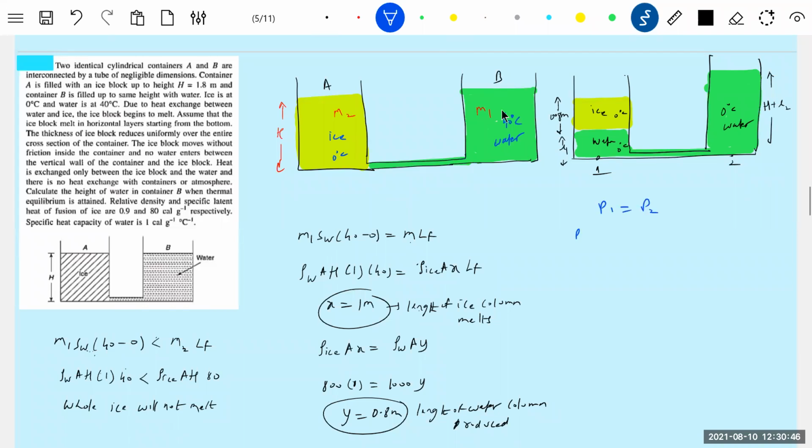What is the pressure at 1? Density of ice into g into 0.8, plus density of water g into L1, equals density of water g into H plus L2. What is L1 plus L2? It should be equal to Y, no?